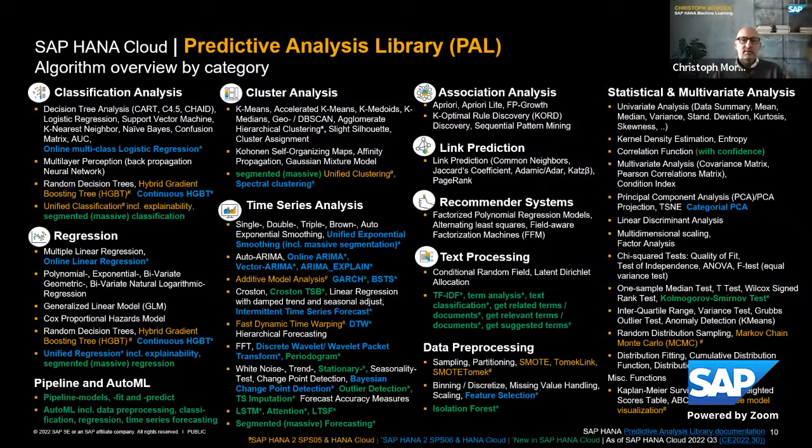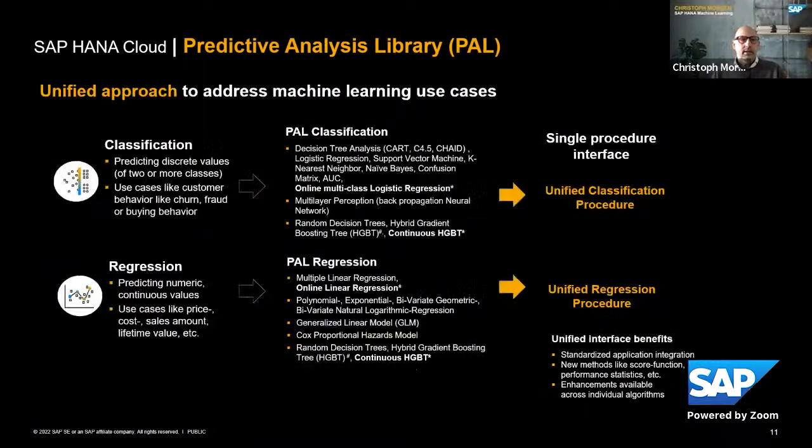But as you can see, there's a rich set of enhancements and new algorithms which are yet only available in SAP HANA Cloud. And the key area of enhancements, again, as you can see on the lower left corner, are the AutoML enhancements.